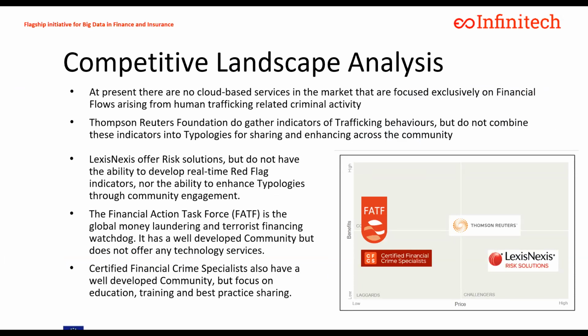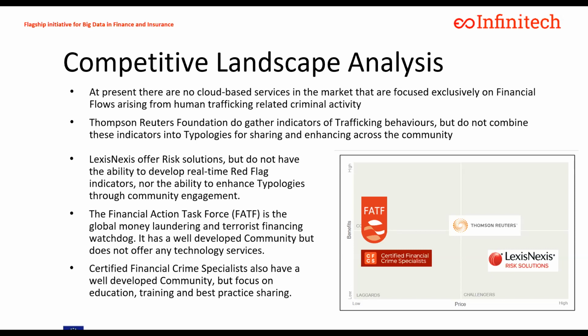There are some good companies out there. Thomson Reuters Foundation gather indicators of trafficking behaviors, but they don't then combine these into typologies that can be further shared, in this case between banks, and enhanced as they're shared, and then redistributed back into the community.